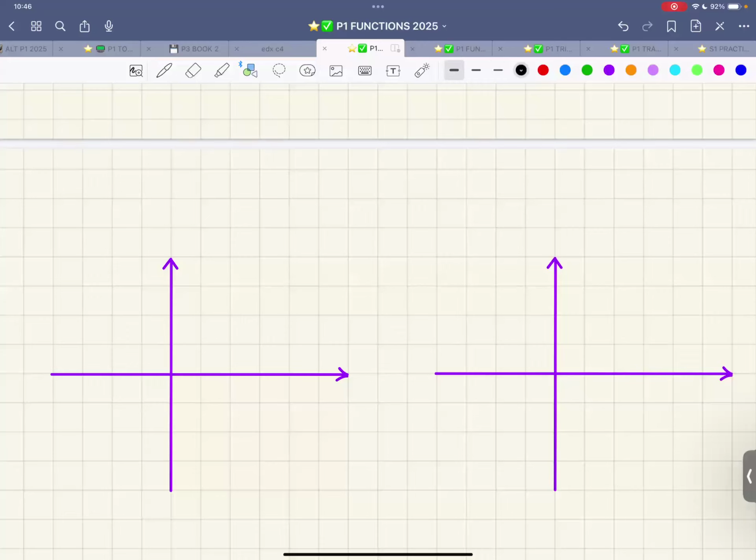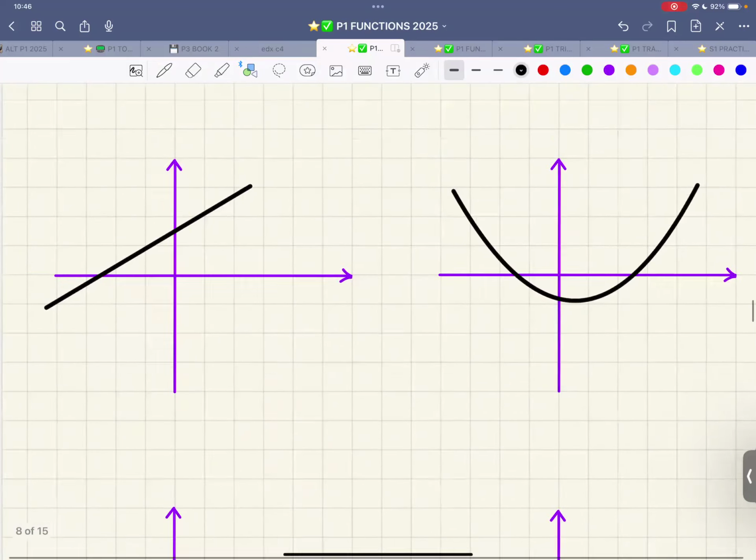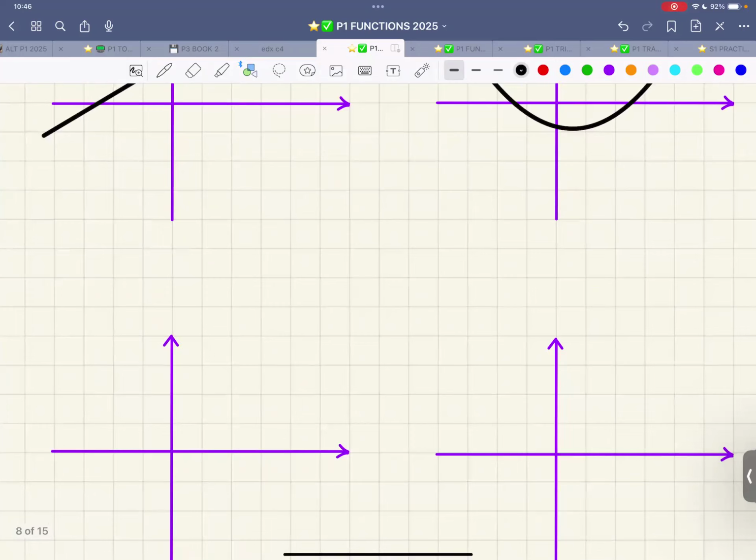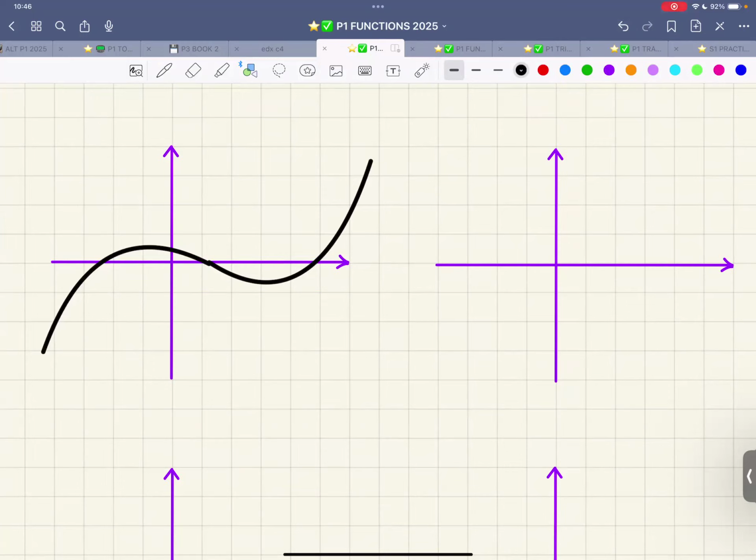So now, first of all, a straight line, then a quadratic, then a cubic. Actually, let me draw a cubic like this. And let me flip it.